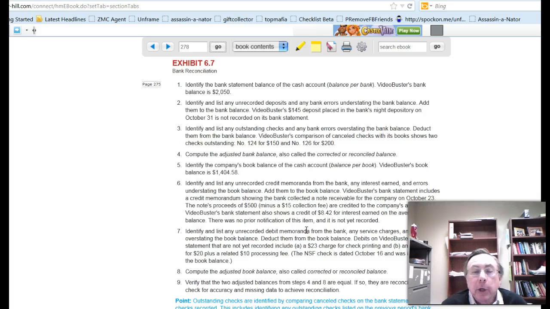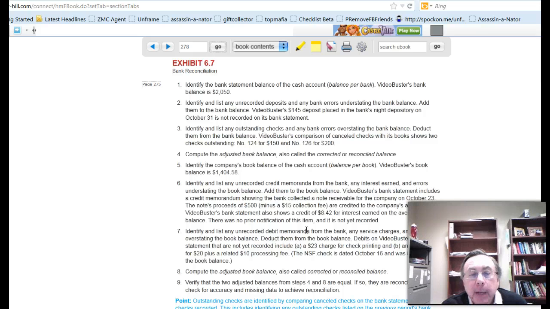Our bank statement includes a credit memo showing the bank collected a note receivable for us. And the note's proceeds of $500 minus a $15 collection fee, those darn things, are credited to the company's account. Also shows a credit of $8.42 for interest earned. That's a plus.